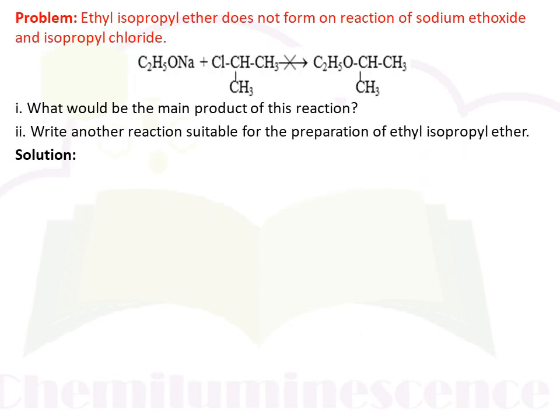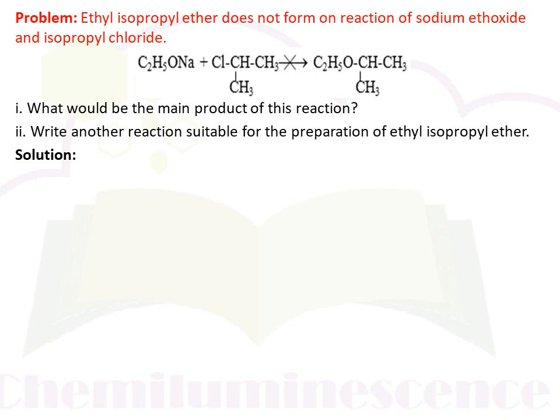A question is asked: ethyl isopropyl ether does not form on reaction of sodium ethoxide and isopropyl chloride. Here the reactants are sodium ethoxide and isopropyl chloride, but this product is not formed from these reactants. The sub-questions asked are: what would be the main product of this reaction, and write another reaction suitable for preparation of ethyl isopropyl ether.